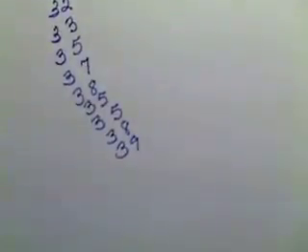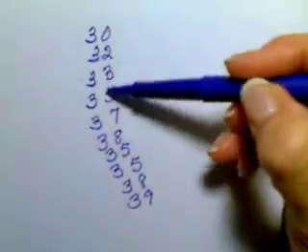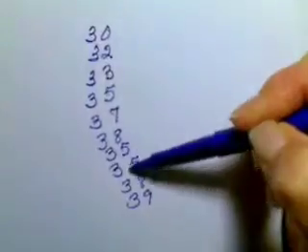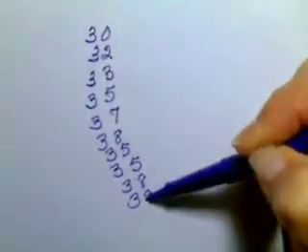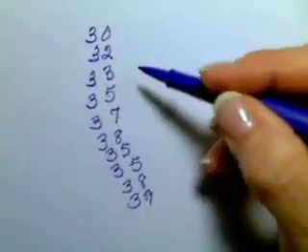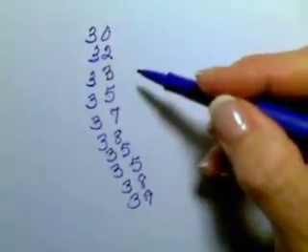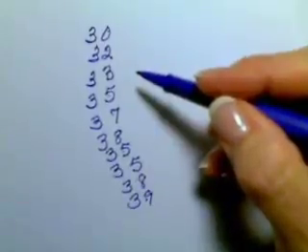Alright, so we have some data values. I need to know the median. So I have 1, 2, 3, 4, 5, 6, 7, 8, 9, 10. Well, if I have an even number, there is no middle. So I have to average the 2 numbers that are in the middle to get the median.